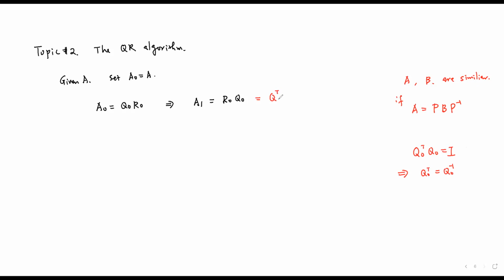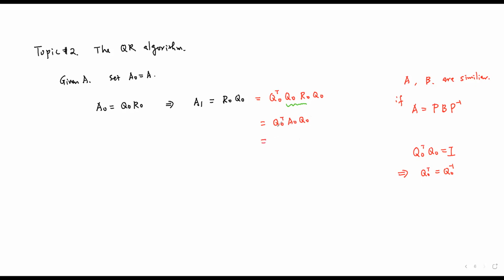Q0 transpose times Q0 is the identity matrix. And now Q0 times R0 is A0.